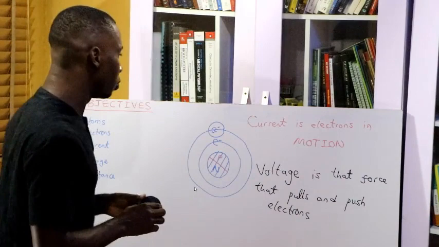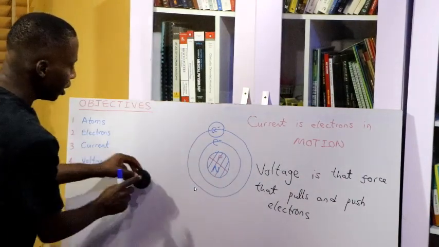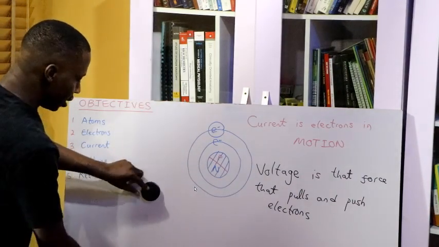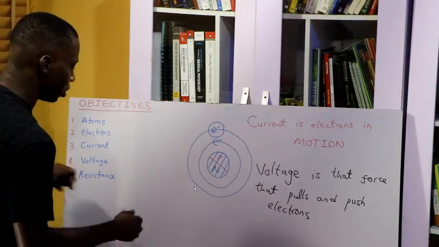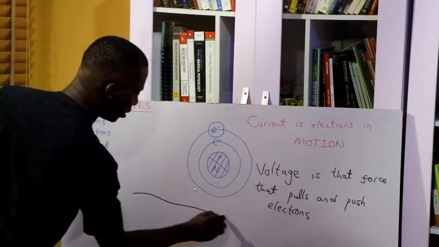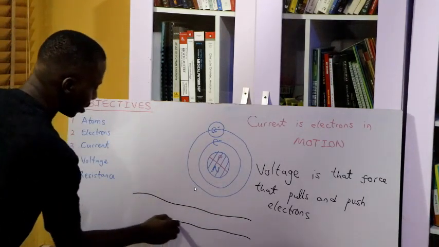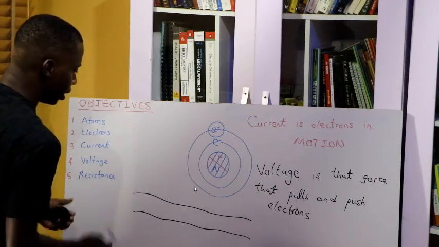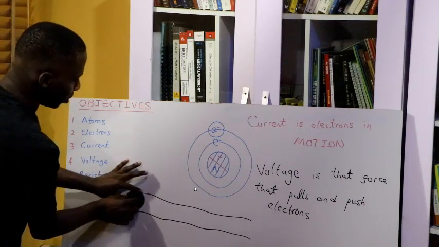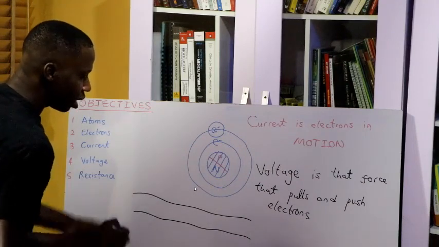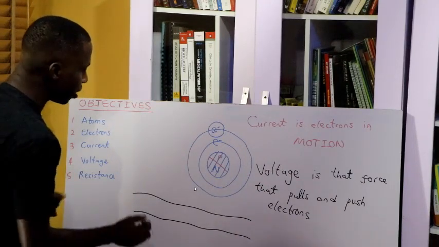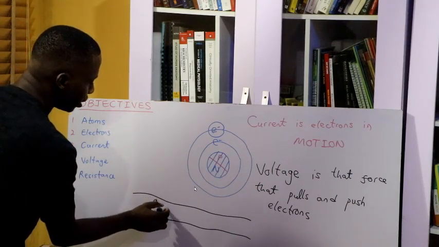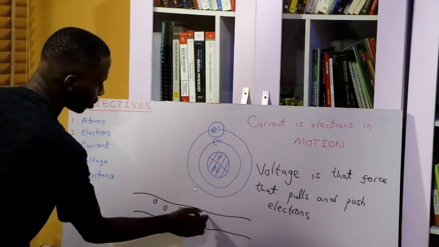So let's assume that the electron is moving within this material. Let me quickly do a quick sketch. This is the material within which the electrons will be moving. Now, any material for that matter is made of particles.